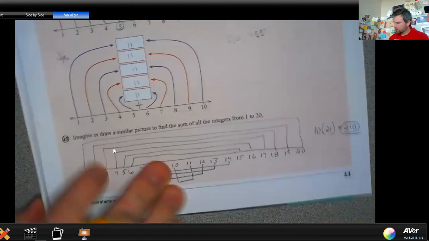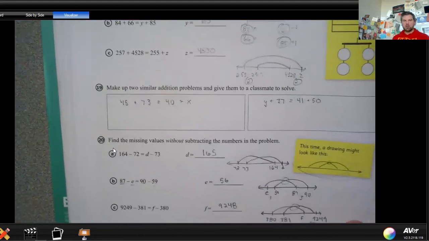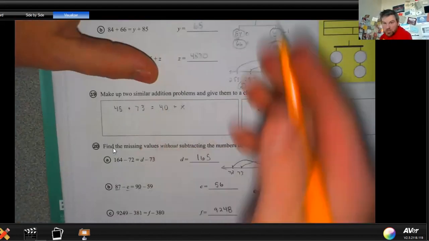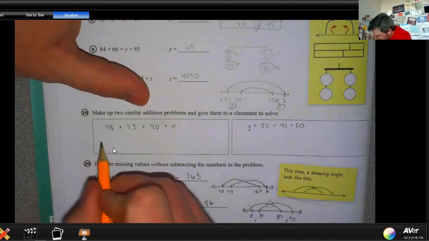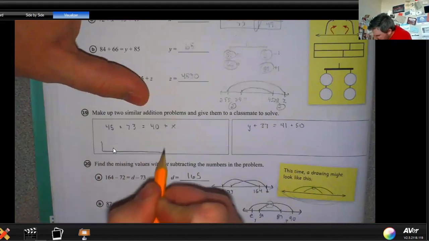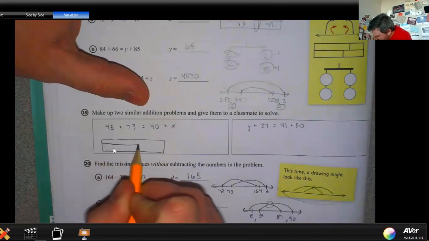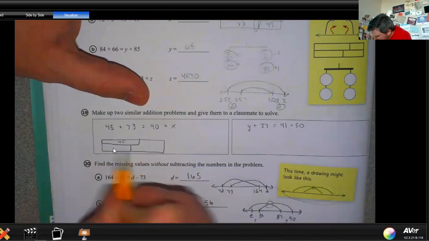Let's go back and look at some of those problems that we made up here. So 45 plus 73 equals 40 plus x. You could just pick whichever way you wanted to do. So I'll draw the boxes. That's my preferred method. So you got 45 and then 40.